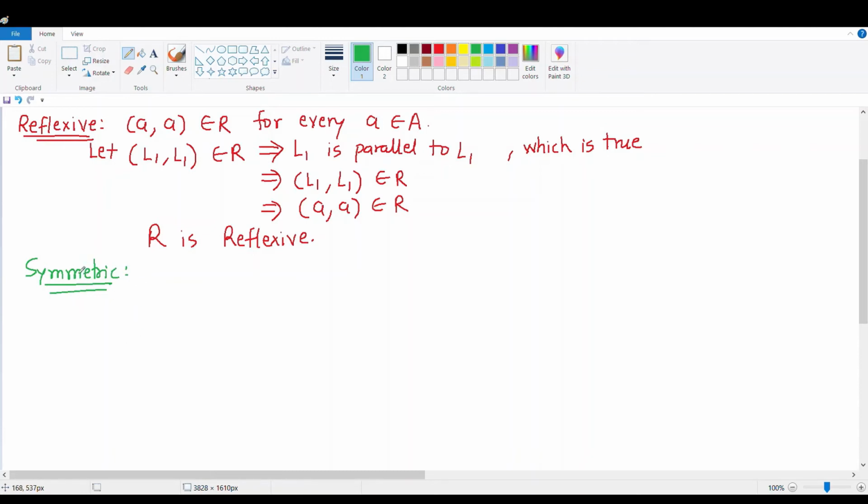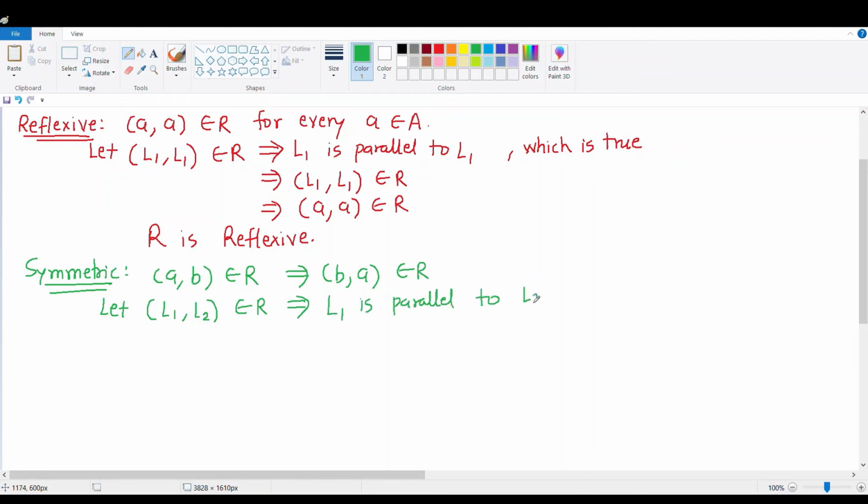Now the definition of symmetric relation is what? That if you have (A, B) belongs to R, that means you must have (B, A) belongs to R. So for this, let (L1, L2) belongs to R. Now if (L1, L2) belongs to R, that means L1 is parallel to L2.